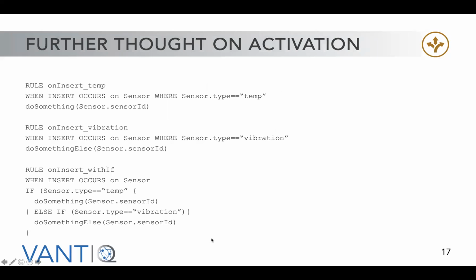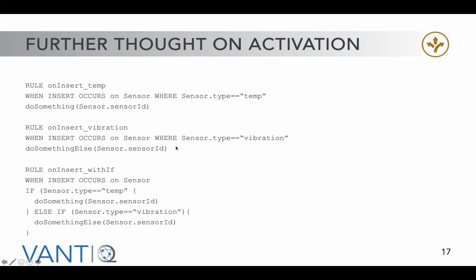But if we find ourselves in a situation where, for example, let's say that 50% of the sensor types are temperature and 50% of the sensor types are vibration. If we do a rule that will only run where the sensor type is equal temperature, and another one that's going to run only where sensor type equals vibration, if each of them are going to run only 50% of the time, it would be exactly the same in this scenario if you create an if to do something or something else based on the sensor.